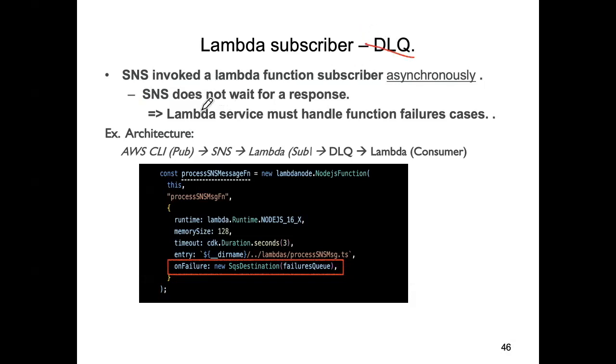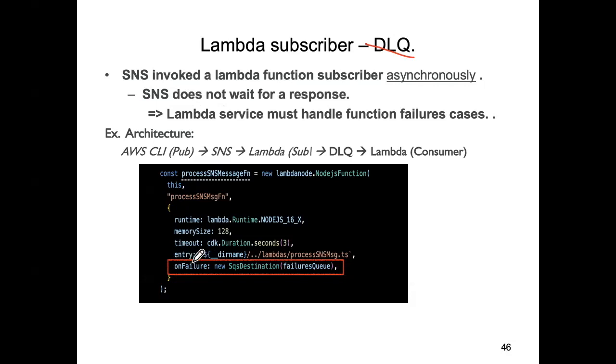If you've got a Lambda that is a direct subscriber, and for whatever reason the Lambda throws an exception, or fails, maybe crashes as it's trying to process the message, you can configure the Lambda to do something with that message. And the way you do it is through this on failure configuration of the Lambda itself.